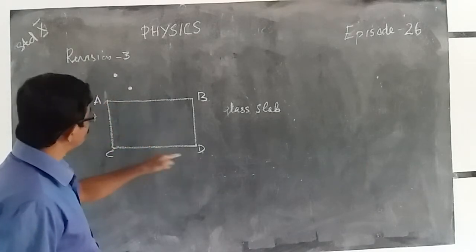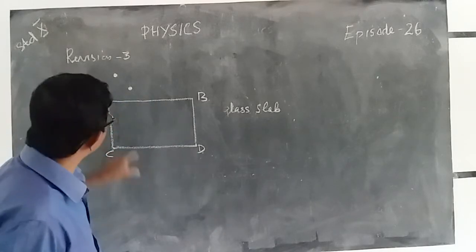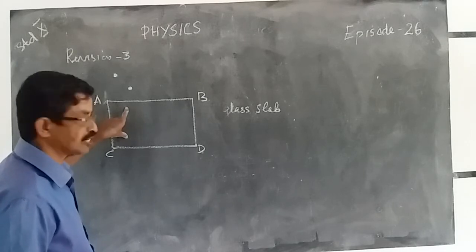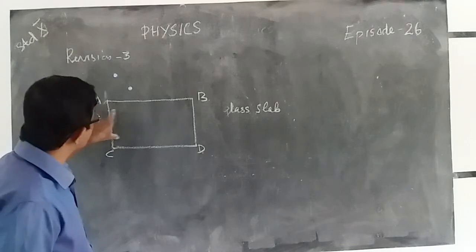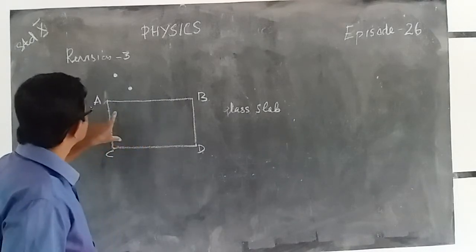That means first of all we draw the outline of a rectangular glass prism, a rectangular glass slab.